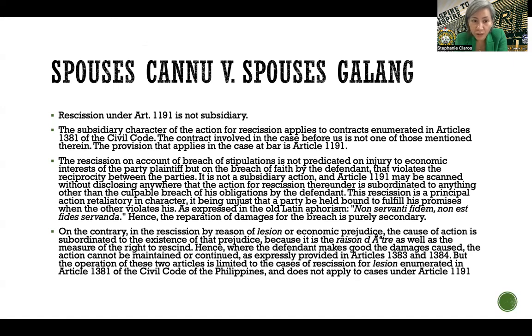So it is not a subsidiary action, unlike Article 1381. So rescission is a principal action retaliatory in character, it being unjust that a party be held bound to fulfill his promises when the other violates his.